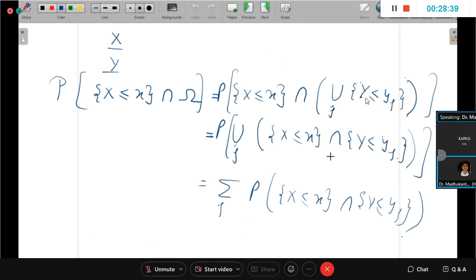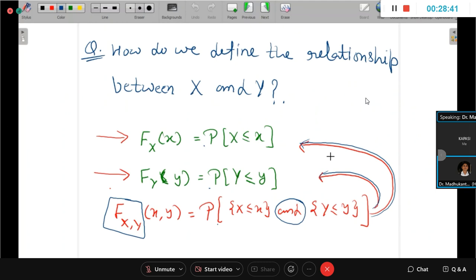I want to relate this FX of x in some way to FXY of x comma y. Find FXY of x, y for all values of y and one particular value of x. Then in that way we can find FX of x?